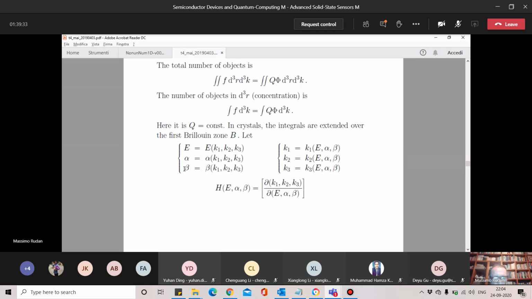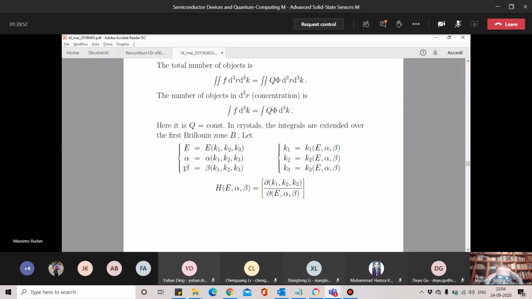You may think, for instance, of a transformation of variables from the Cartesian coordinates K1, K2, and K3 to the spherical coordinates E, alpha, and beta.